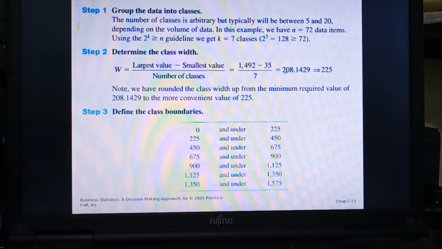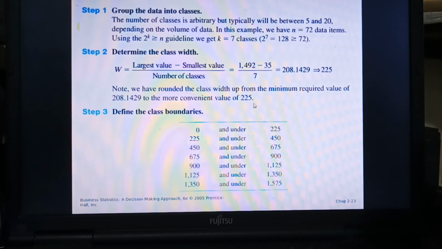It could have been 210 or 209, but they think that 222 is more convenient for counting. Note we have rounded the class width up from the minimum required value of 208.1429 to the more convenient value of 222.